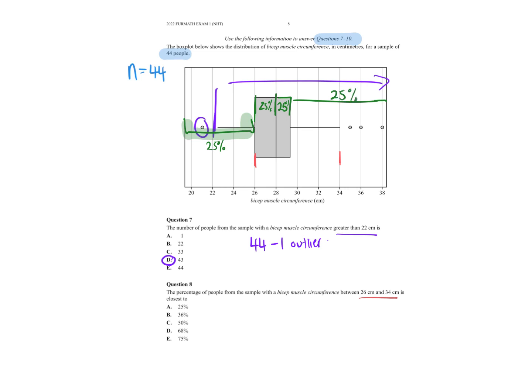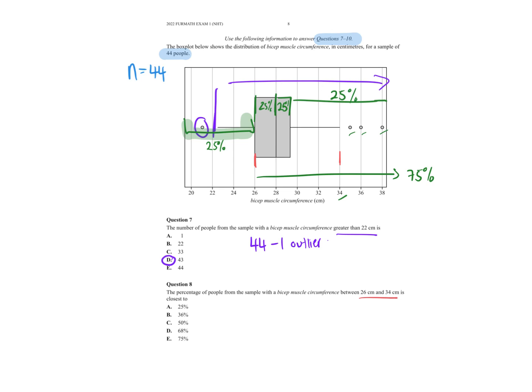So if I go from 26 to the end, that's 75% of the data. Okay, but they only want it up to there, which I can see is everything bar those 3 little outliers.